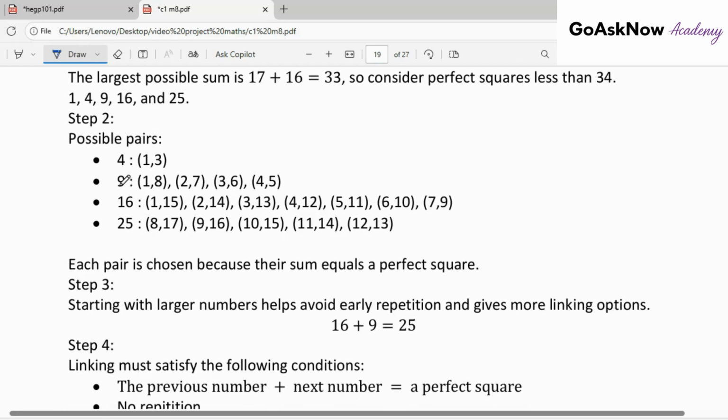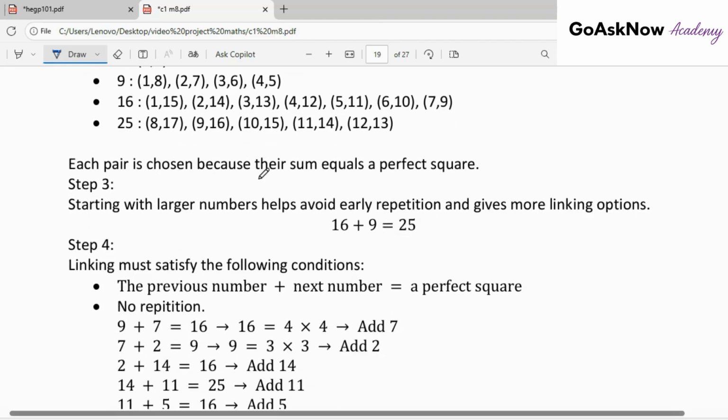Possible pairs: for 4, 1 and 3; for 9, 1 and 8, 2 and 7, 3 and 6, 4 and 5; for 16, 1 and 15, 2 and 14, 3 and 13, 4 and 12, 5 and 11, 6 and 10, 7 and 9; for 25, 8 and 17, 9 and 16, 10 and 15, 11 and 14, 12 and 13. Each pair is chosen because their sum equals a perfect square.